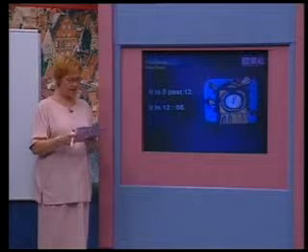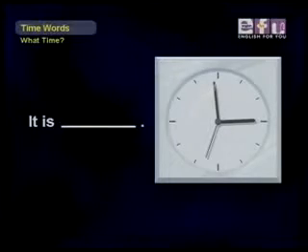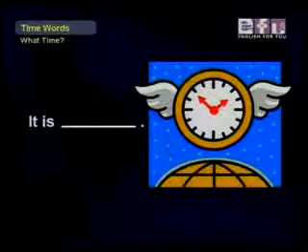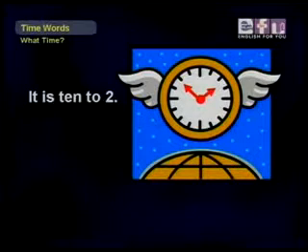All right, Isabel, the next one for you. It is 3 o'clock. Yes, it's 3 o'clock. All right, good. Now, Ali, for you. It is 10 to 2. It is 1:50. Yes. Okay, Lisa.